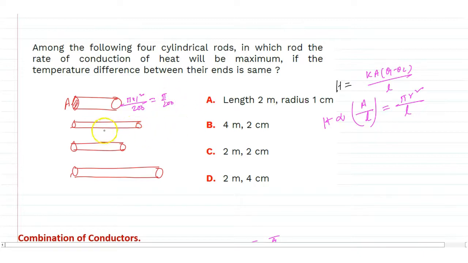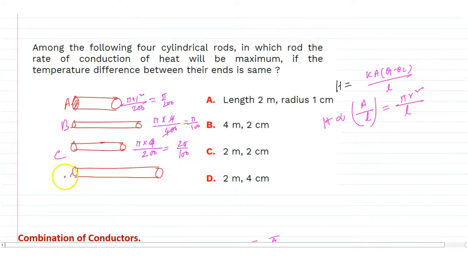And in case of B, 4 meter and 2 centimeter. Pi into 2 square by L, 4 meter or 400. Then you can see pi by 100. Here pi by 100. In case of C, pi into 2 square means 4 by 200, that means 2 pi by 100.